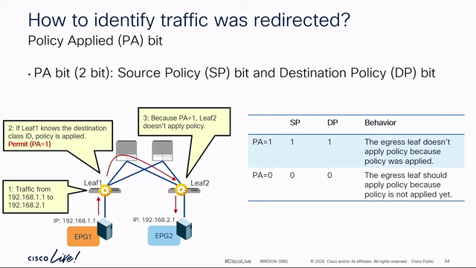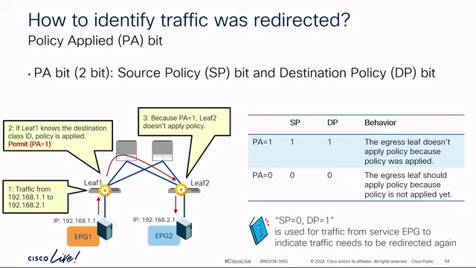Since we have 2 bits, we can indicate another situation. So we decided to use SP equals 0, DP equals 1 to indicate firewall was already inserted. So this is a new magic, new behavior. We put this special flag if it's traffic coming from service EPG going to provider.